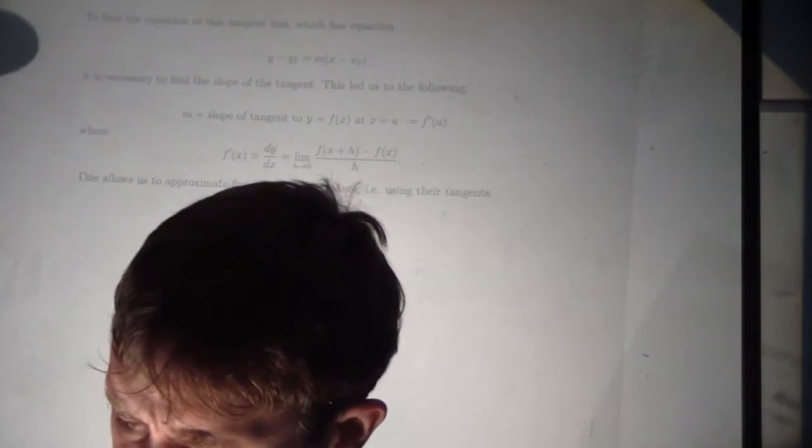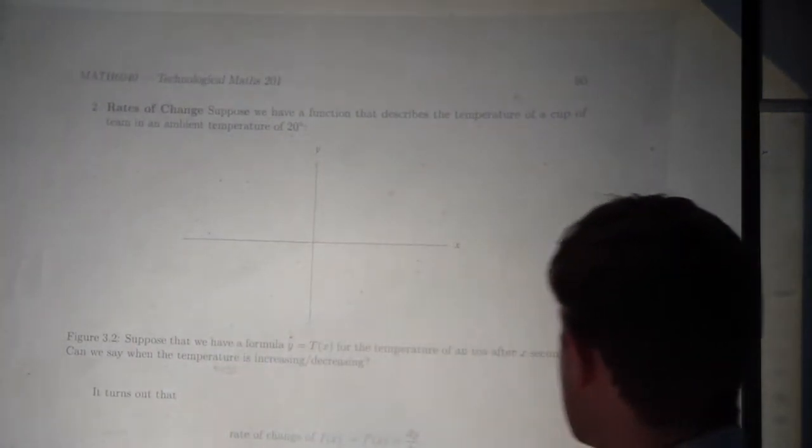Now the second thing is that derivatives give you rates of change. Now, let's see how we can do this. This graph probably isn't set up perfectly, but we'll go at it. Suppose you have a function that describes the temperature of a cup of tea in an ambient temperature of 20. So this should probably be T, temperature.